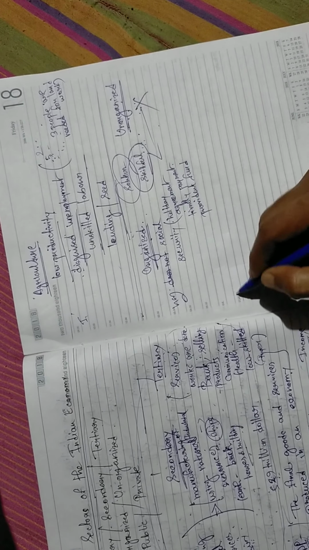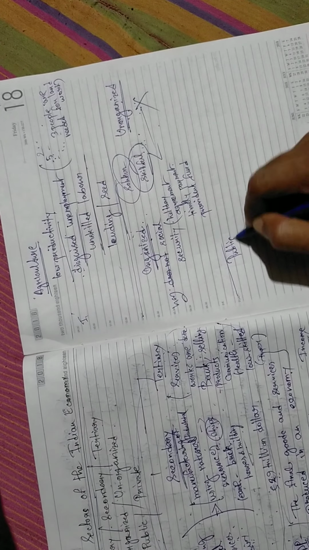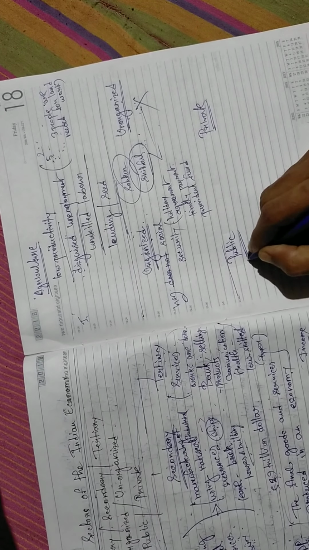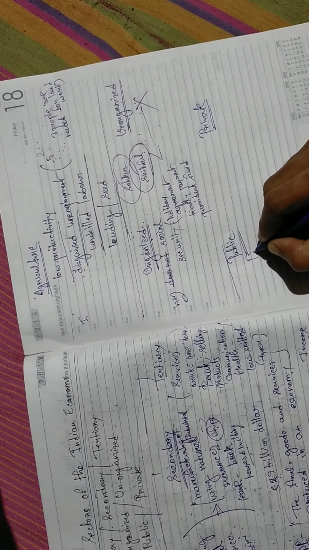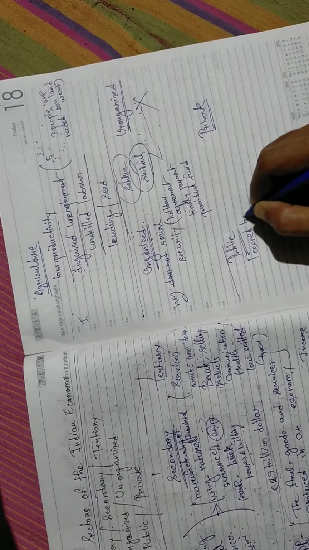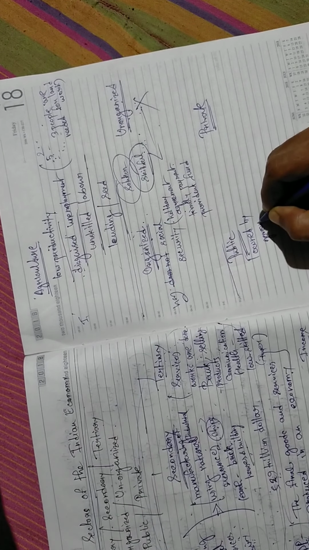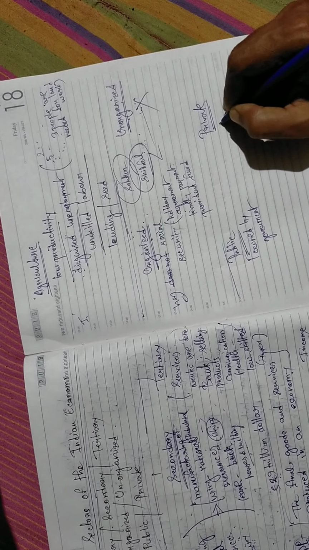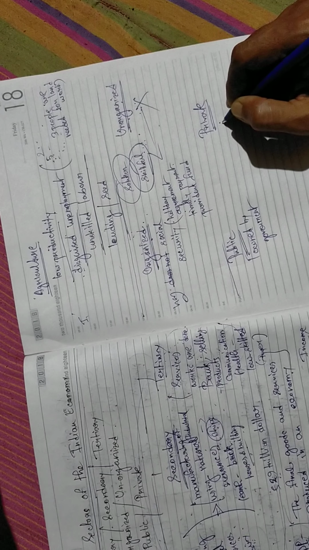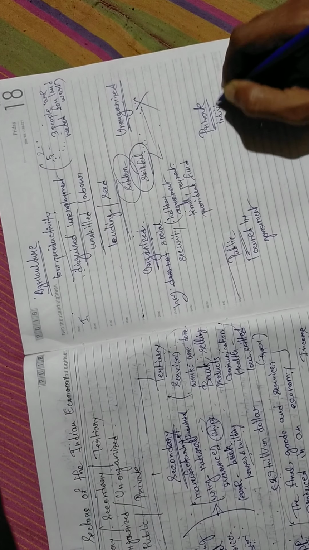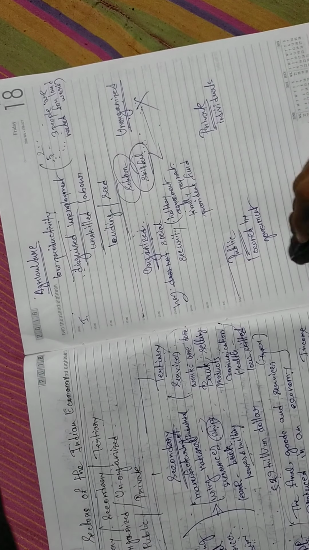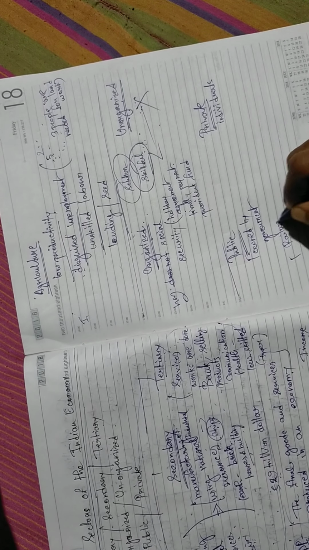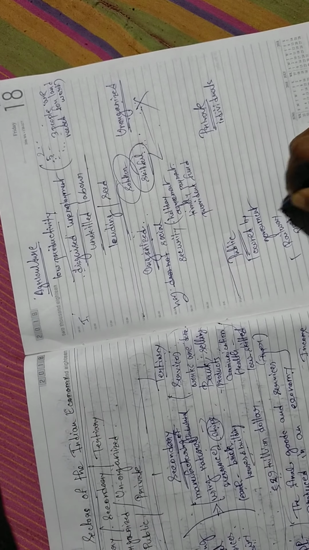Now, public sector and private sector. What is public and private? The public sector is owned by governments, and the private sector is owned by individuals. Examples of public sector are railway and post office.